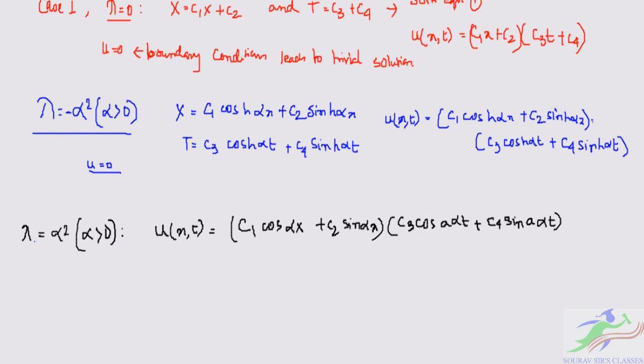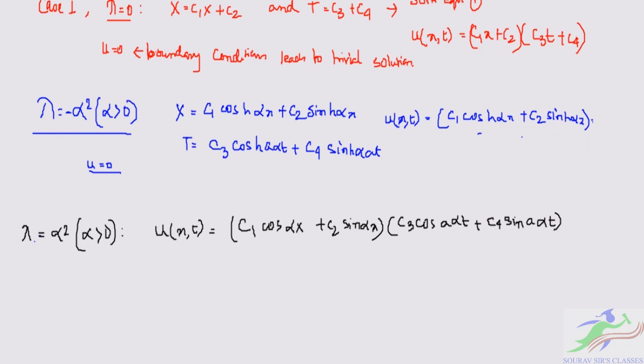Here there is an a, so I'm just writing it: c3 cos a alpha t plus c4 sin a alpha t.